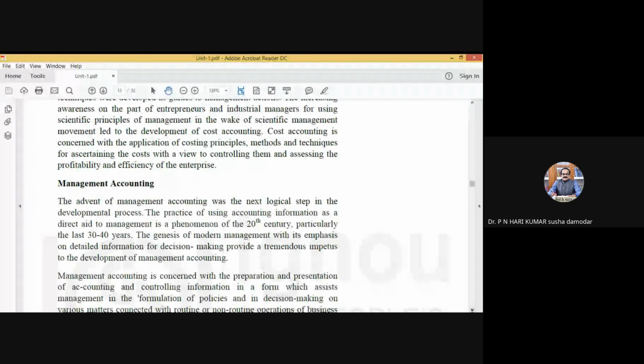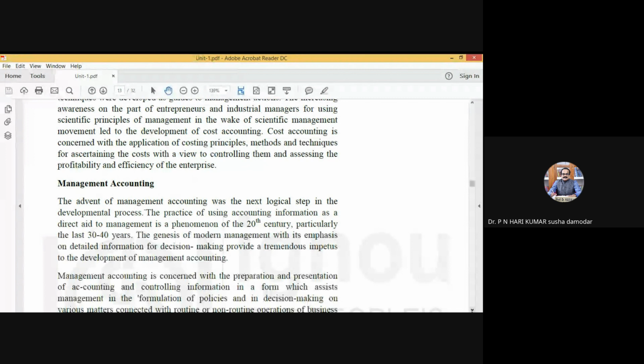And management accounting takes information from financial accounting and cost accounting, and such information shall be refined and processed by this particular system, the management accounting system, and that shall be supplied to the business manager for taking rational decisions. The business manager has to take decisions based on the quantified information given by financial accounting and cost accounting.